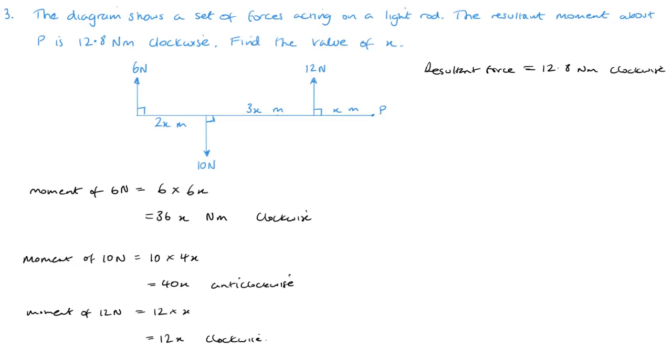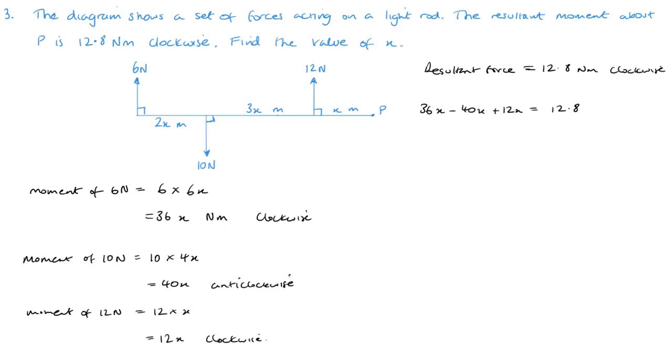So that means 36x minus 40x, negative for the anti-clockwise ones, plus 12x for the clockwise ones equals 12.8.